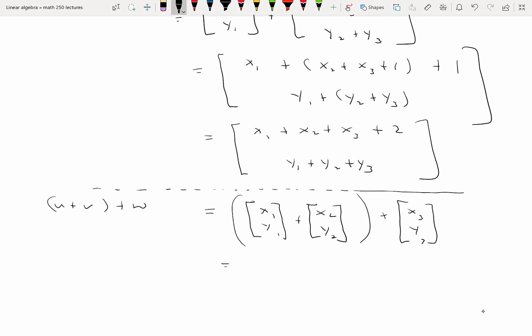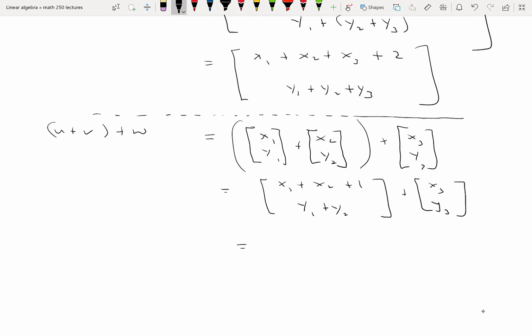Add the first 2 in the parentheses. You get x1 plus x2 plus 1, y1 plus y2, plus the column vector x3, y3. So how do we add column vectors? We add the first entries and then add 1. And for the second entry, we have y1 plus y2 and then plus y3.